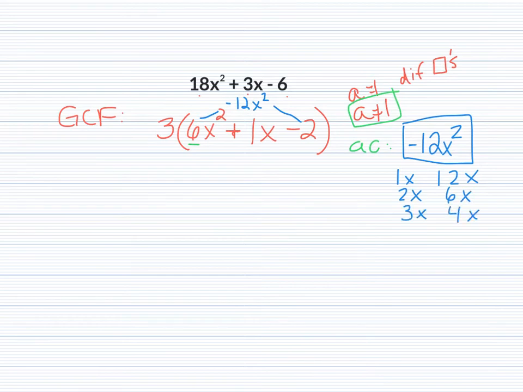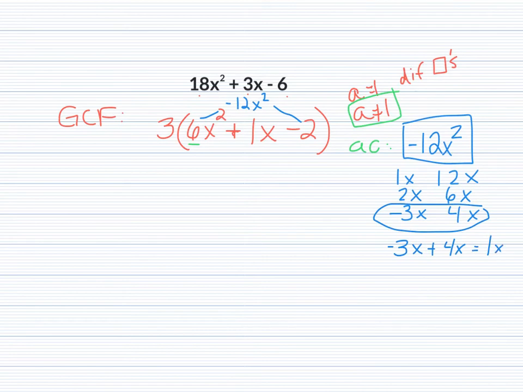I can see that this right here is negative, so that tells me one has to be negative, one has to be positive. They have to add to get positive 1. So that tells me it's going to be this, and if it has to be positive 1, that means the 3 is negative, because negative 3x plus 4x equals positive 1x.